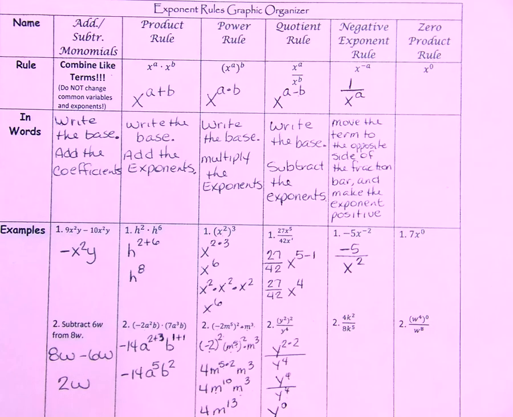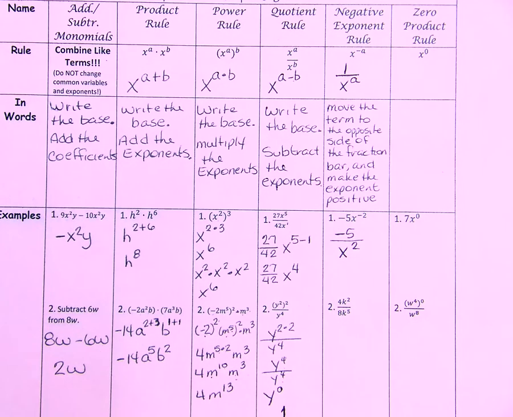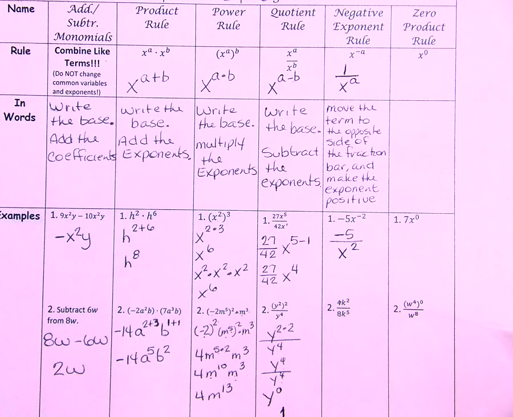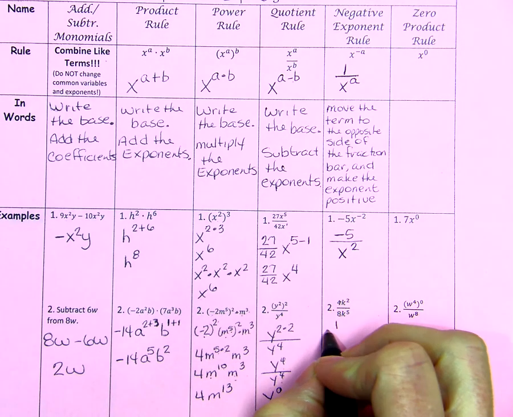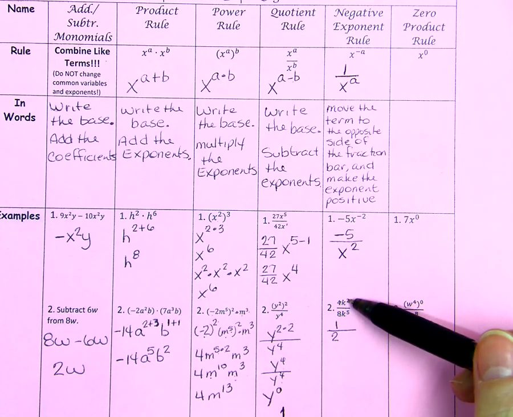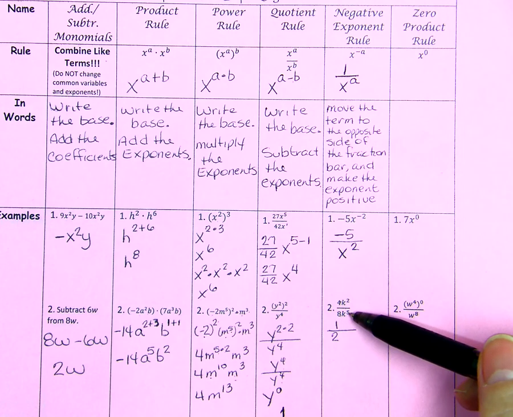For the second example, we have 4k squared over 8k to the 5th. So here we're going to apply the quotient rule first. So let's see, 4 over 8, we can go ahead and reduce that to be 1/2. And here we have k to the 2nd over k to the 5th.